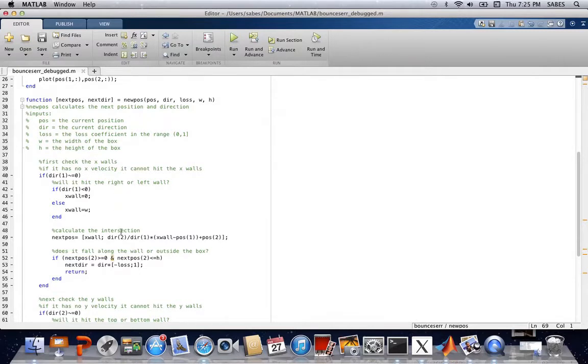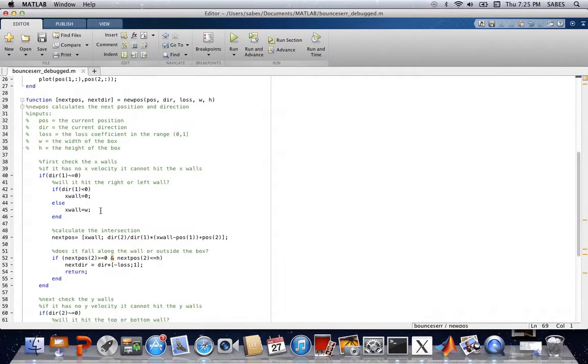So it seems that first we are trying to determine whether the ball is going to hit any of the x walls that the program mentions, which are 0 and w, and if you look carefully, they are the walls parallel to the y-axis. That could also be obvious from this 0 and w.